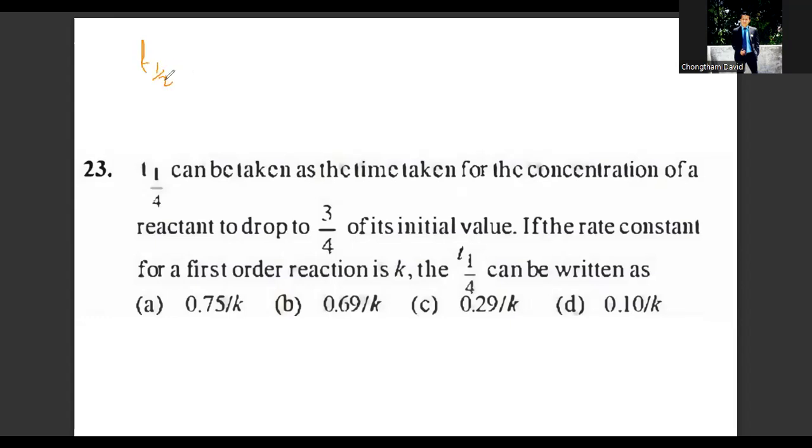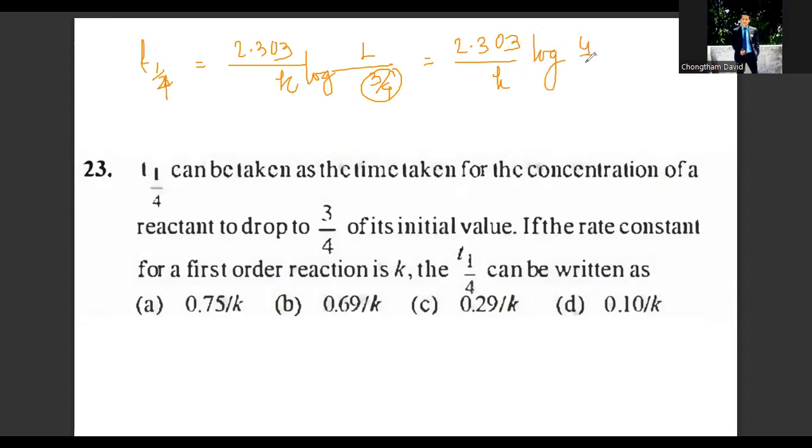From the first order reaction, t 1 by 4 equals 2.303 divided by K log of initial by final. If I subtract 1 minus 1 by 4, it will be 3 by 4. So 2.303 by K gives log 4 by 3.